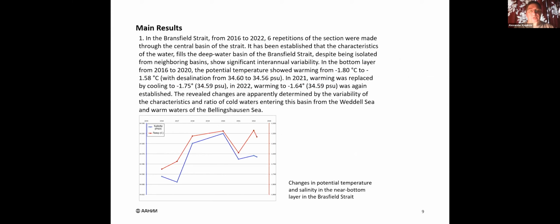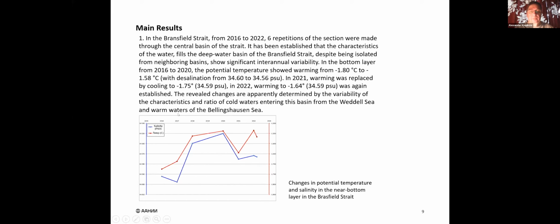So, main results for the Bransfield Strait: we have 6 repetitions of this section, and we can see that the potential temperature in this area shows warming from -1.8 to -1.58 Celsius, with some decrease in salinity from 34.6 to 34.56 promille.